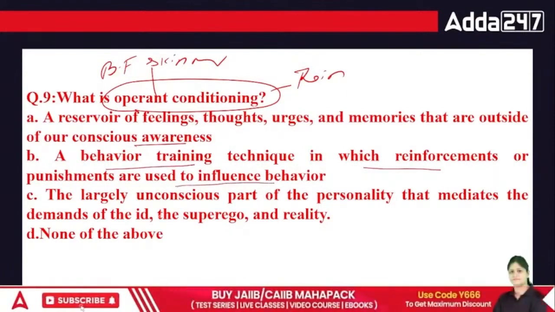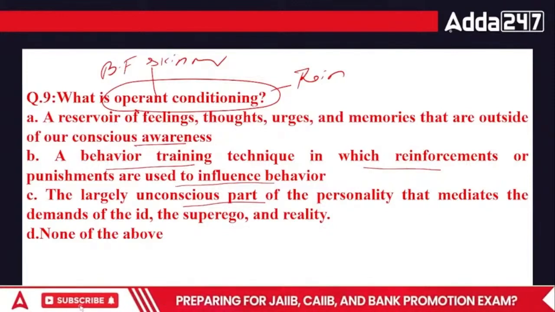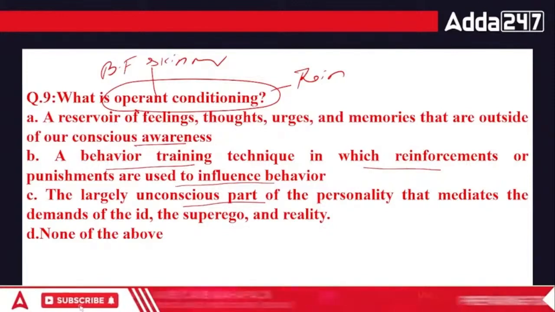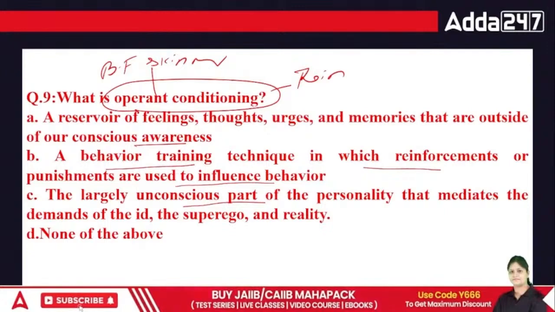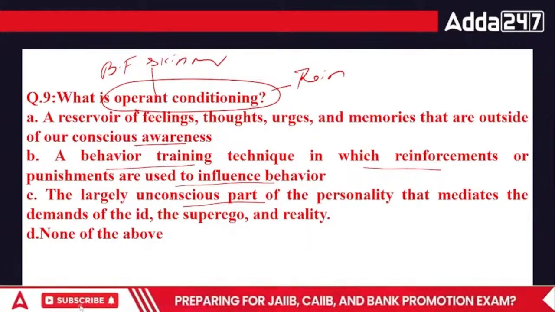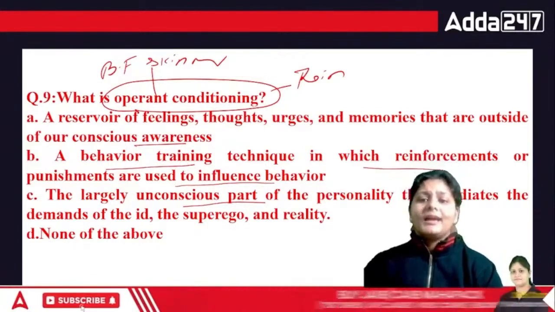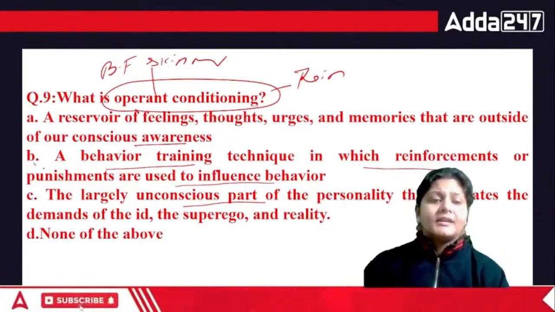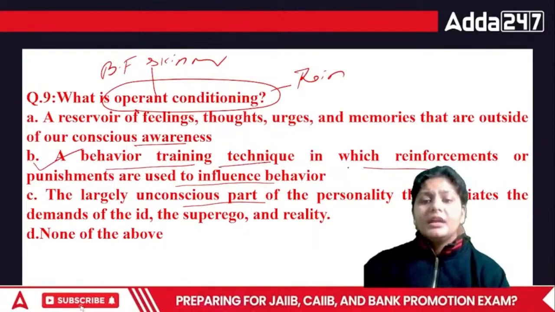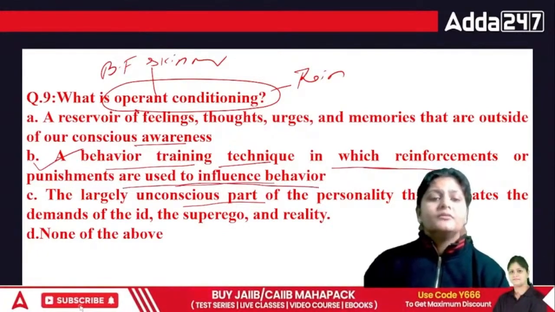Third is the largely unconscious part of the personality that mediates the demands of the id, ego, superego and reality. So here we are talking about B, positive reinforcement and negative reinforcement, a behavior training technique in which reinforcement or punishment are used to influence behavior.